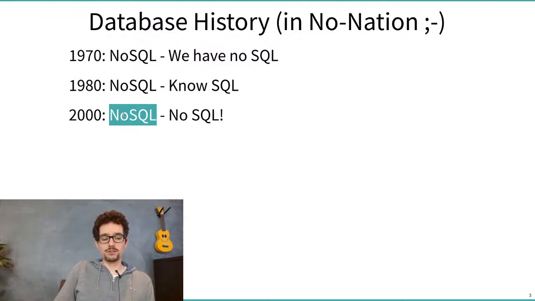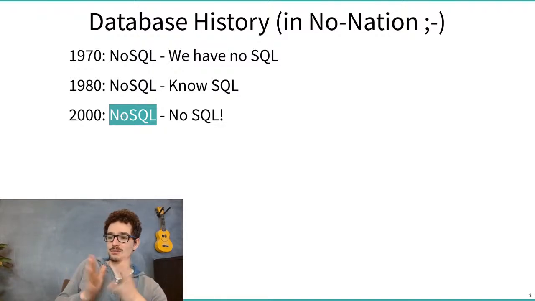Vendors of new kinds of database systems had a conference and a meeting, and this conference was called something with NoSQL, and that was the new term, which means we have a database system that has a different data model than the relational data model.